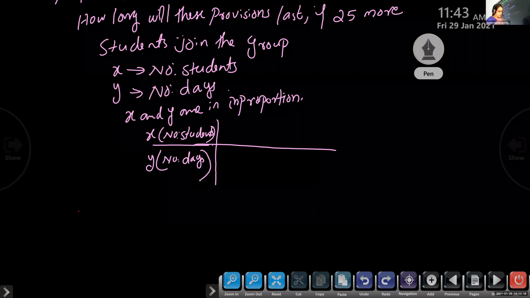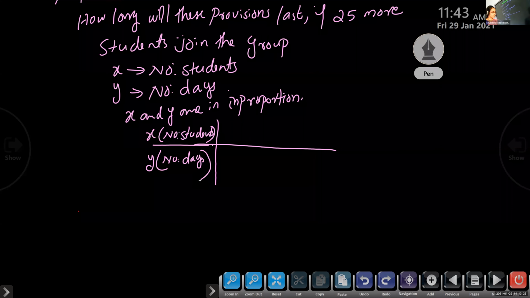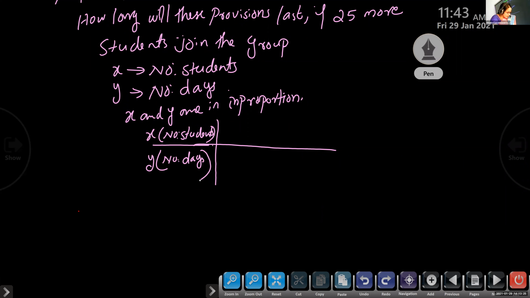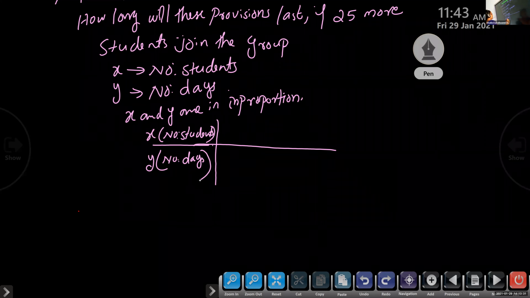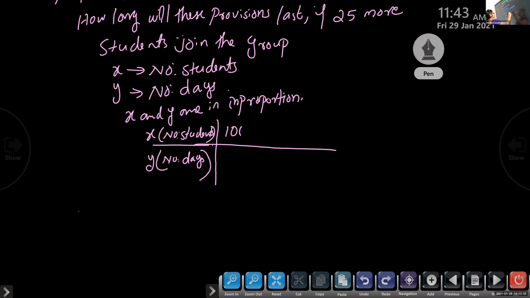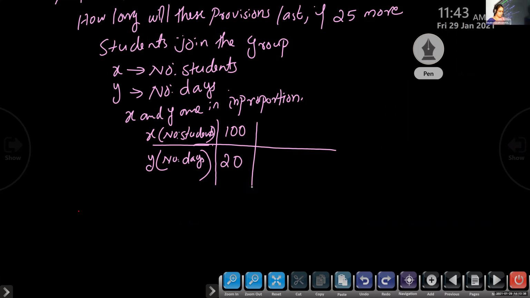First case what? When number of students are 100, read the question. There are 100 students in a hostel. Food provision for them is for 20 days. So when the number of students are 100, the days are 20.